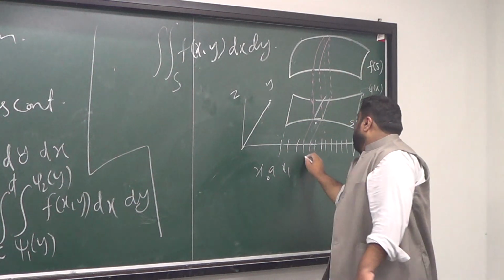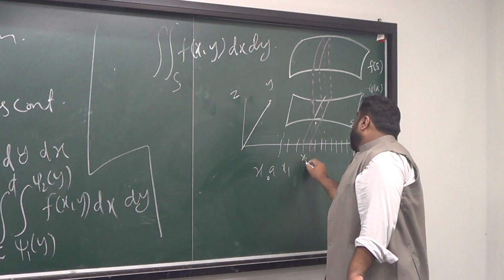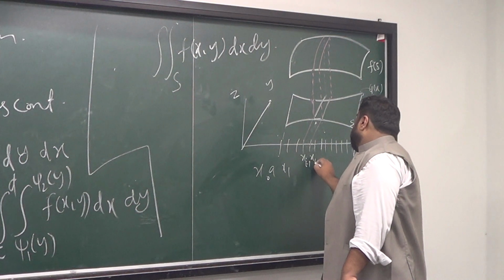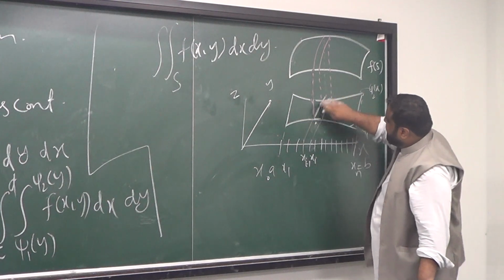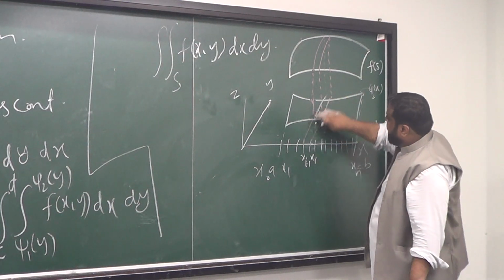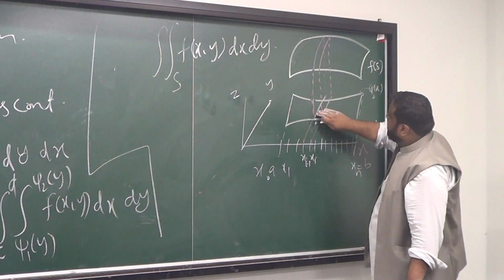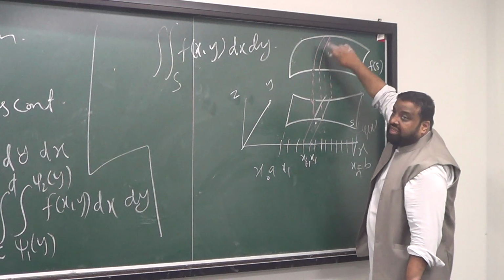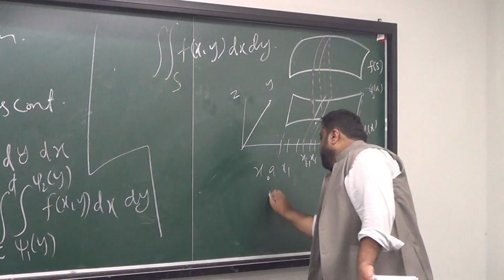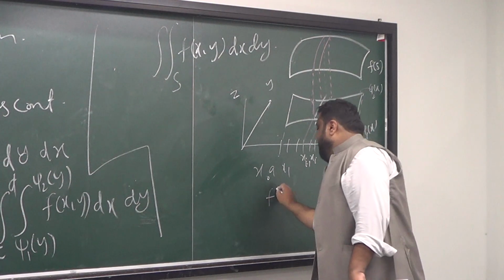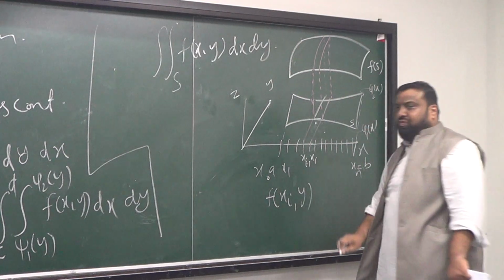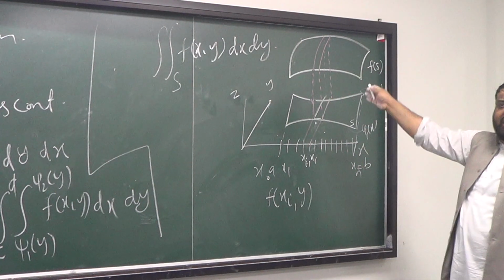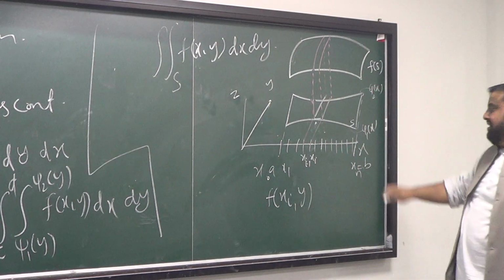So for example, if this is xi minus 1 and this is xi, what is this line actually? I'm going to say this is f evaluated at xi, where y is allowed to move. Y is changing. x is fixed, but y is changing.